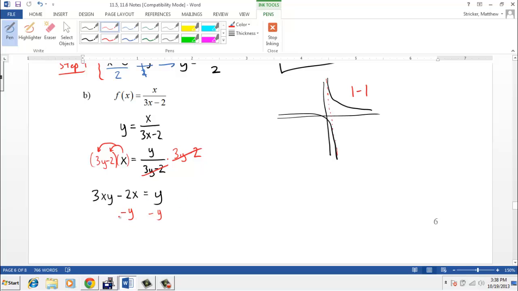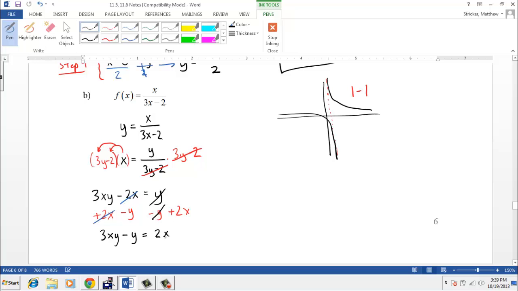I'm going to add 2x to both sides, because that'll cause the x's to cancel. And so we're left then with 3xy minus y, and then the y's cancel here, so we're left with 2x.